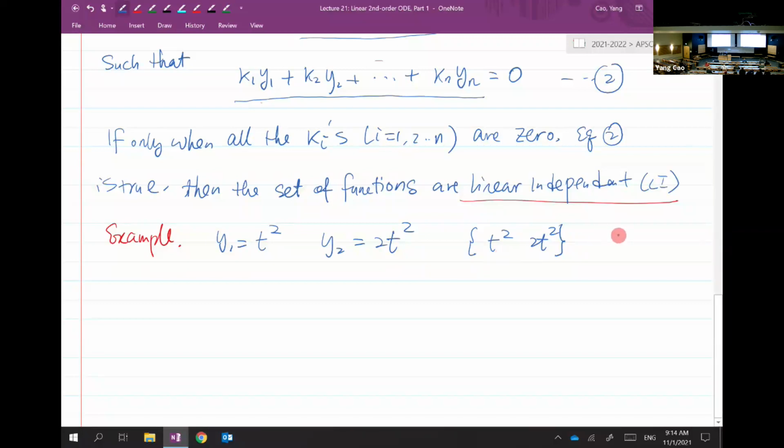And the question is, are the 2 functions Li or Ld, linear independent or linear dependent? Take a wild guess. Do you think these 2 functions are linear dependent or linear independent?